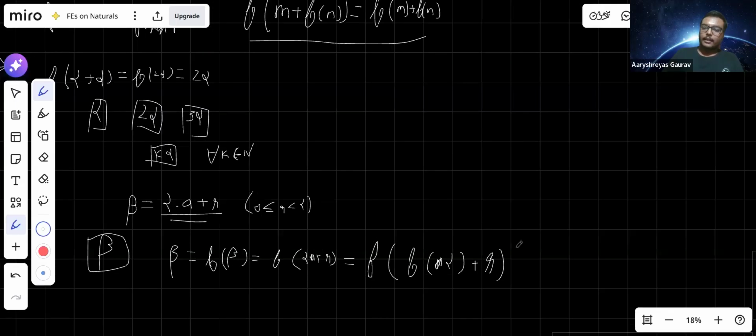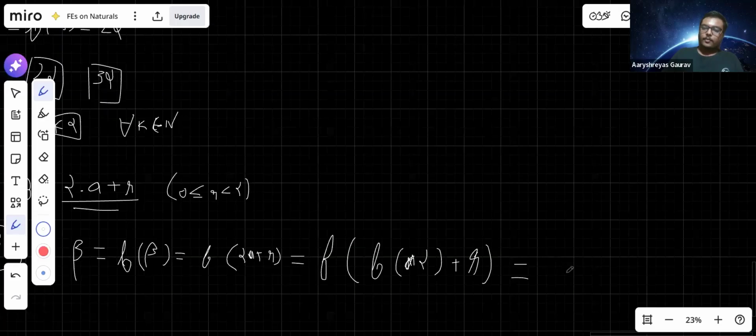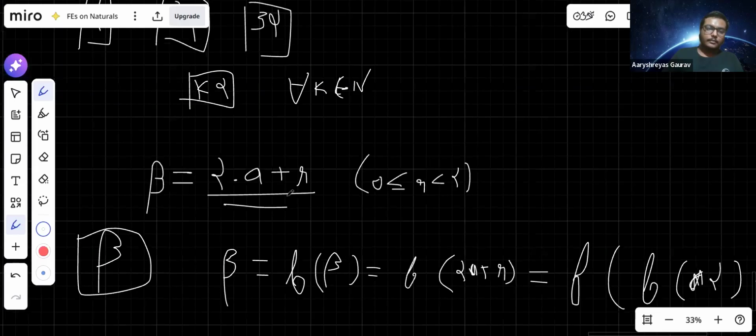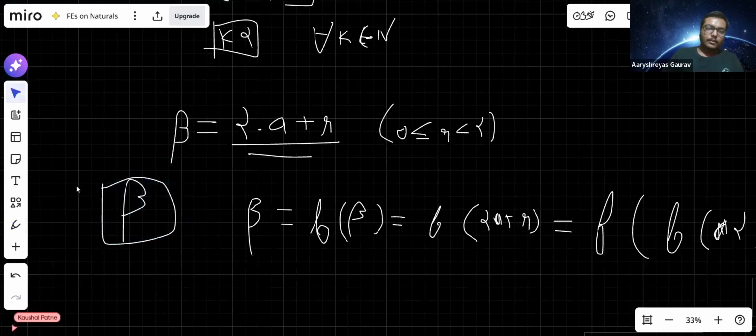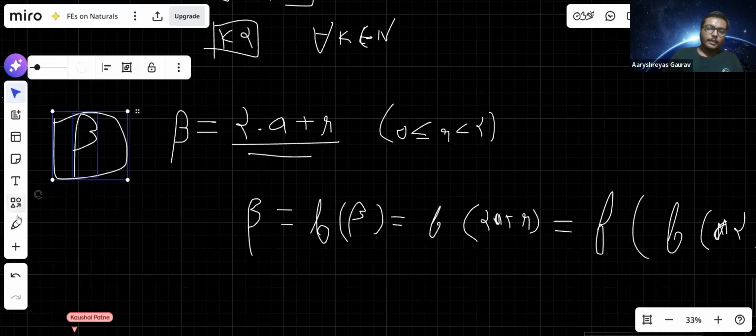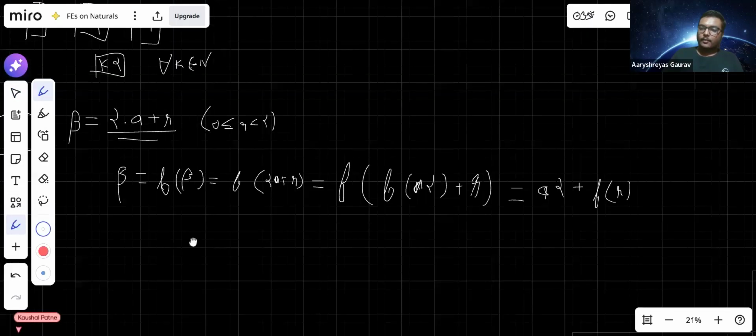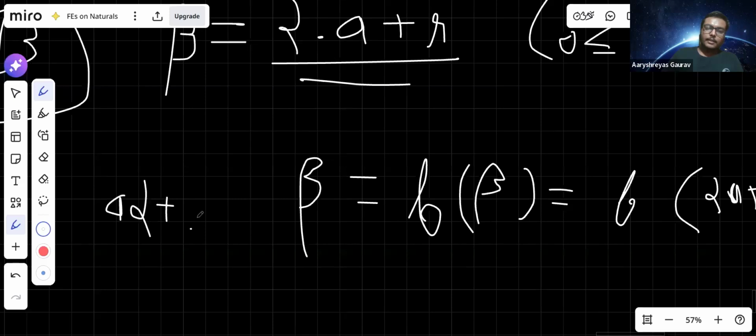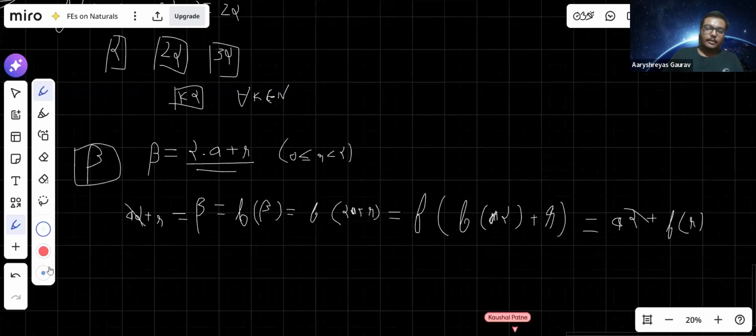Now we can use this condition and get f of a alpha, which is a alpha because a alpha is a fixed point, plus f of r. Since I assumed beta is a fixed point, beta is equal to a alpha plus f of r, and a alpha plus r is actually beta. That means a alpha and a alpha will get cancelled, and f of r is equal to r.